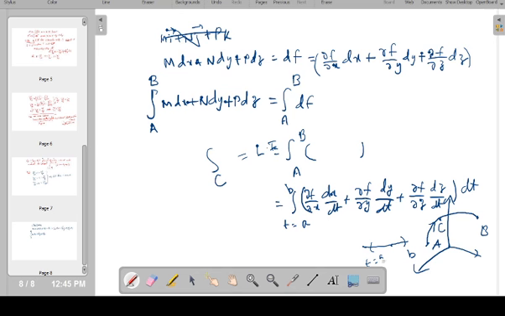If the parameterization is given by the vector r of t, then r of small a is capital A and r of small b is capital B. Now what is this? I will take the next page.